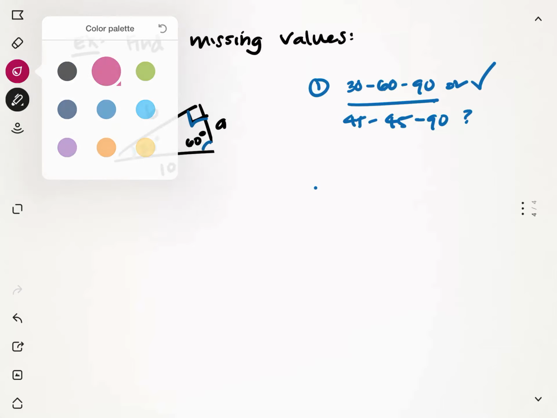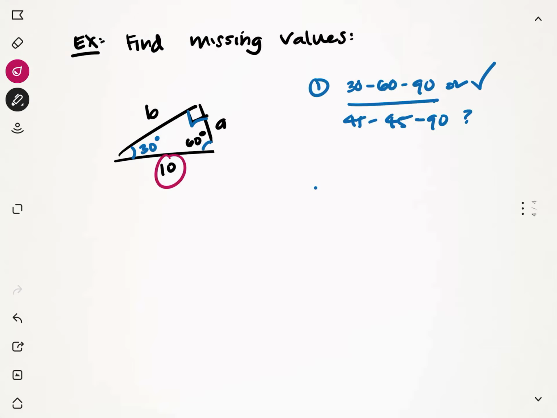Okay, so we're given that the hypotenuse is 10. We know from the notes that to get from the longest side, the hypotenuse, to the shortest side, the one across from the 30-degree angle, we just take half. So A is going to be half of 10, which is 5.